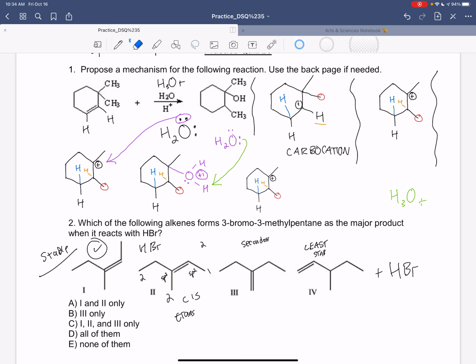Let's just draw this. The result, that O will still be there. And 1H, which, hey, look, that's our result. There was a lone pair that was already sitting there.